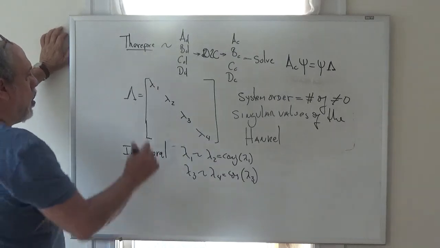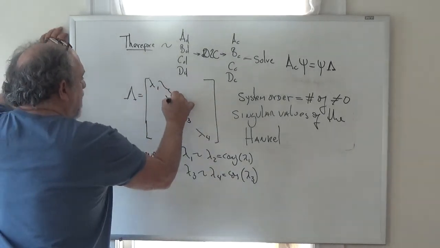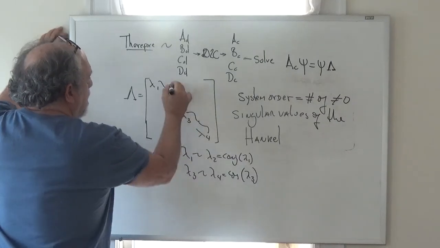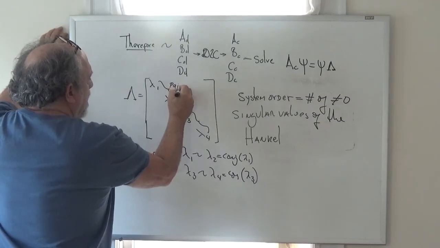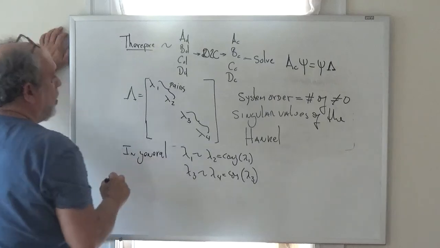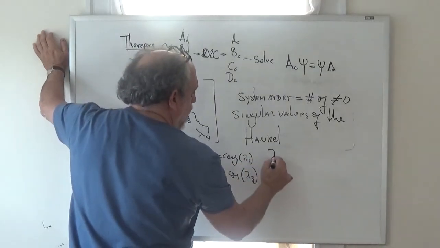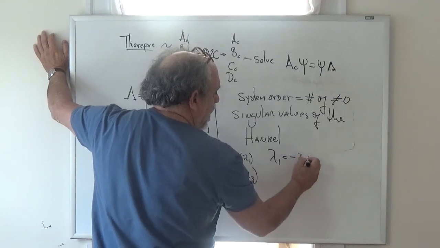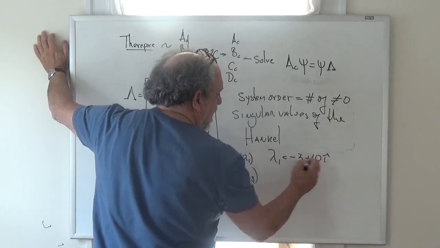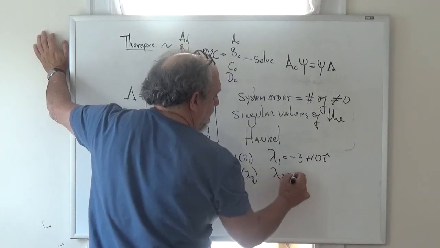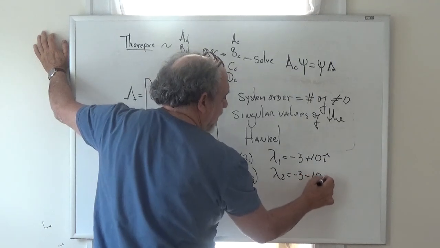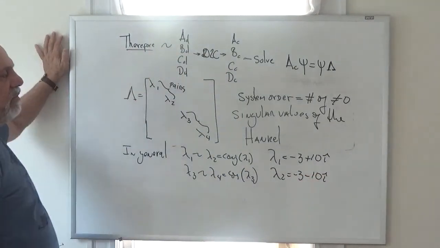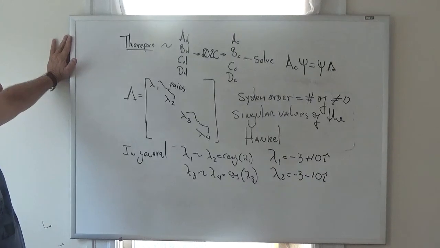The eigenvalues come in complex conjugate pairs. So for example, if lambda 1 is minus 3 plus 10i, then lambda 2 is minus 3 minus 10i. Okay? That's how the eigenvalues come together in pairs.